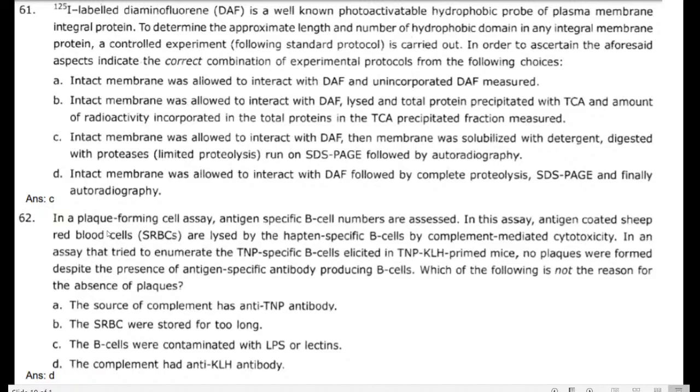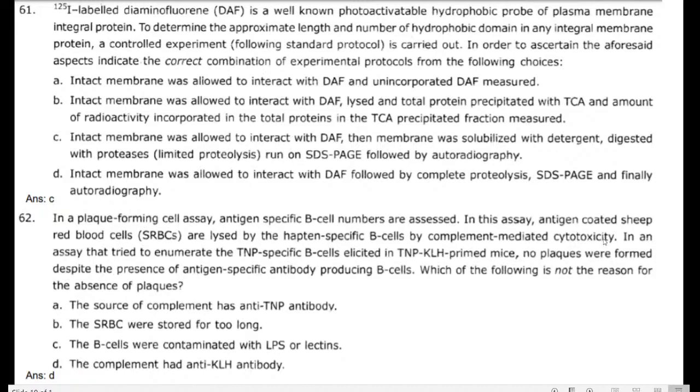In a plaque forming cell assay, antigen specific B cell numbers are assessed. In this assay, antigen coated sheep red blood cells are lysed by the hapten specific B cells by complement mediated cytotoxicity.